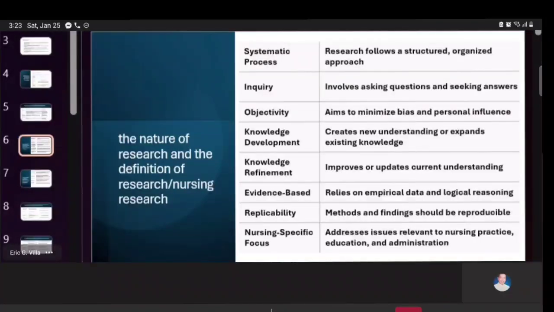Guys, this systematic process ensures the findings are reliable and can be replicated by other researchers. When we say the systematic nature of research, it implies the research follows a structured, organized approach rather than relying on haphazard observations or personal anecdotes.